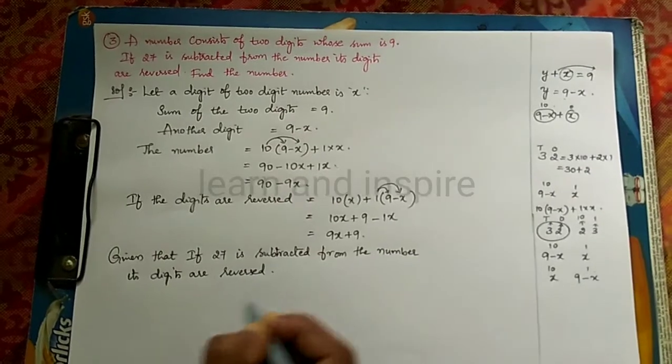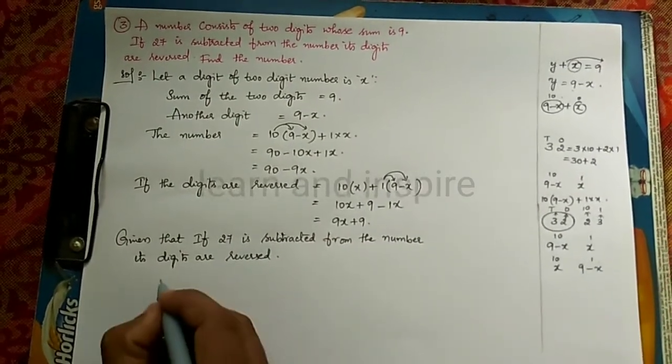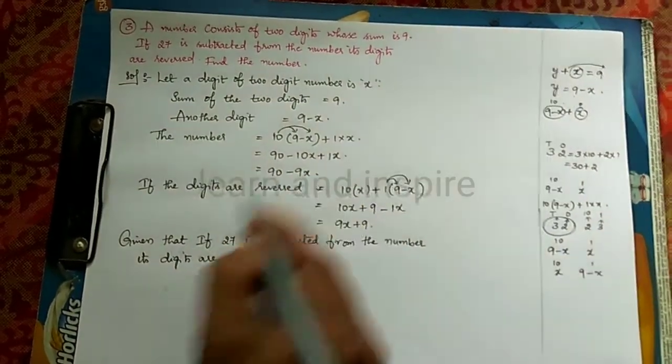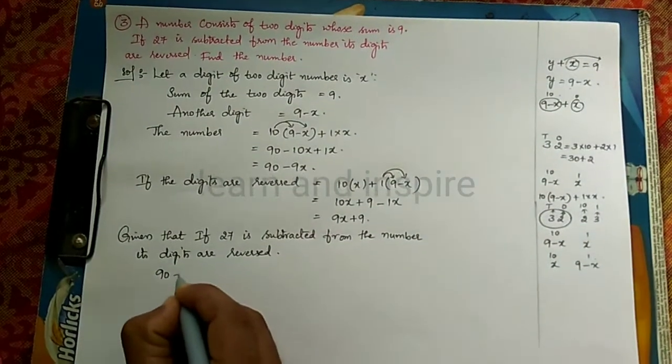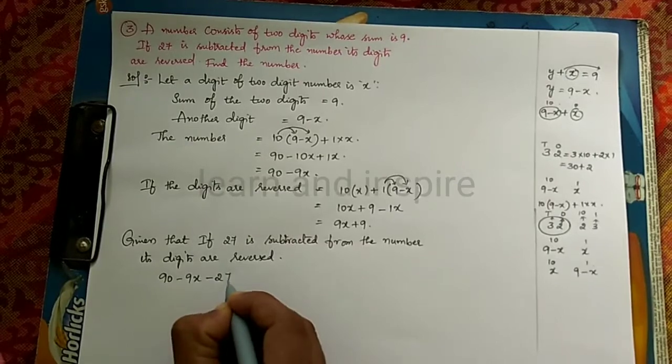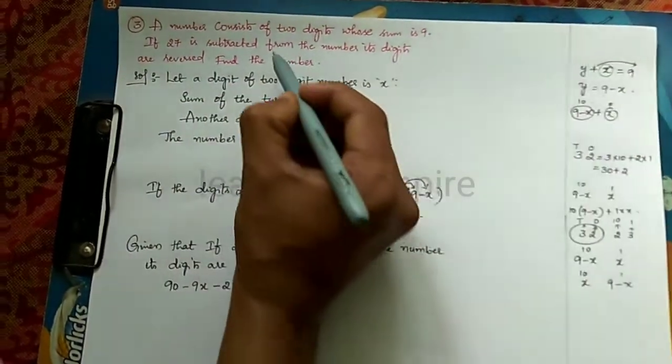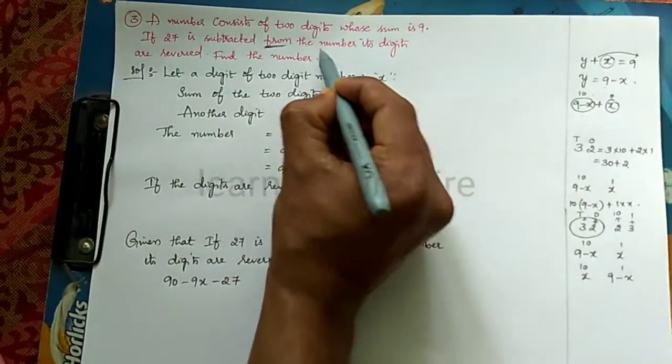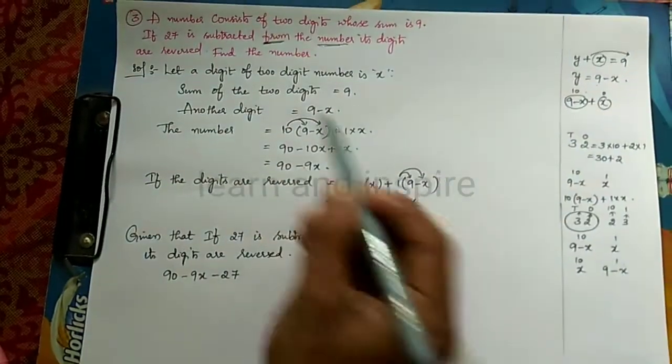If digits are reversed, okay, so that means the number is 90 minus 9x, and 27 is subtracted from the number. The number is this one, and 27 is subtracted.